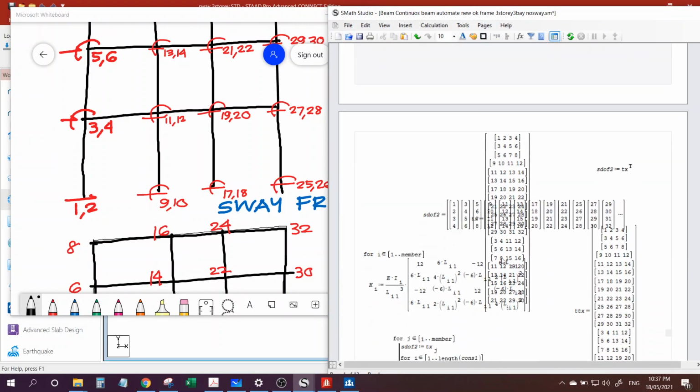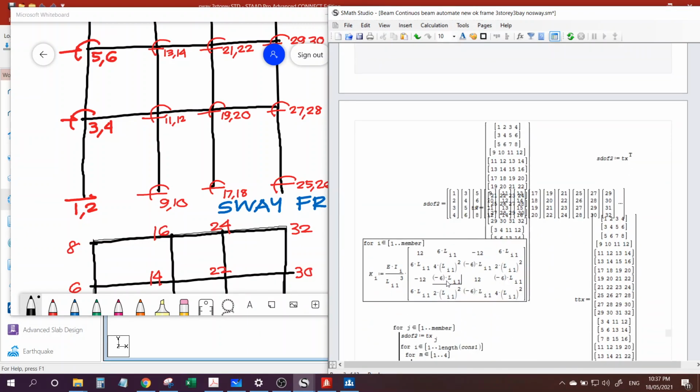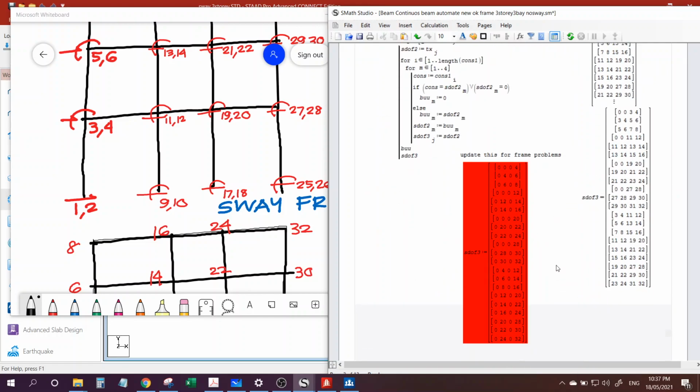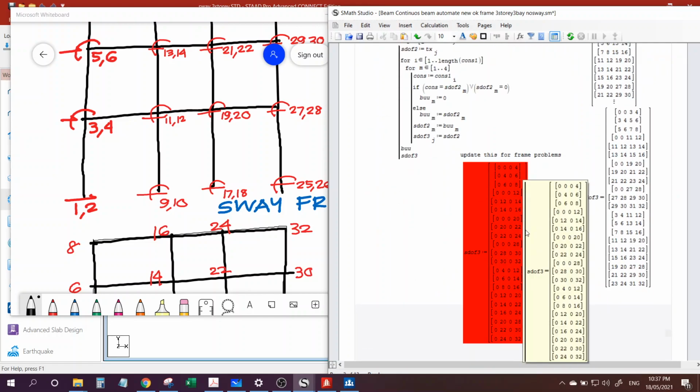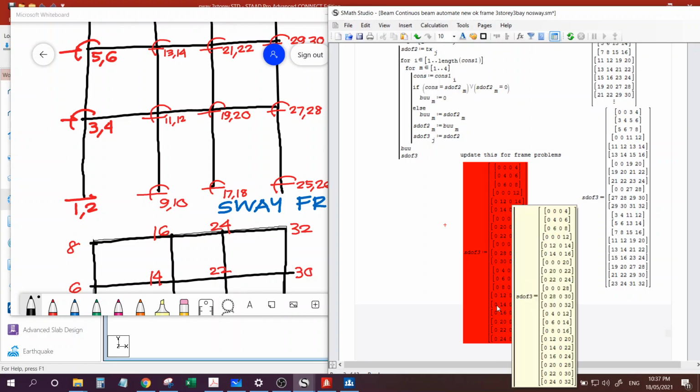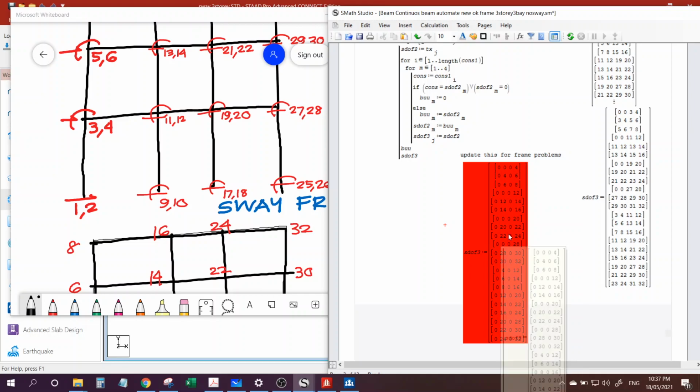For the next, you know this already. This is the code to generate the stiffness matrix of each element. Here, this is a vector or a matrix that I need to customize just to check my coding.